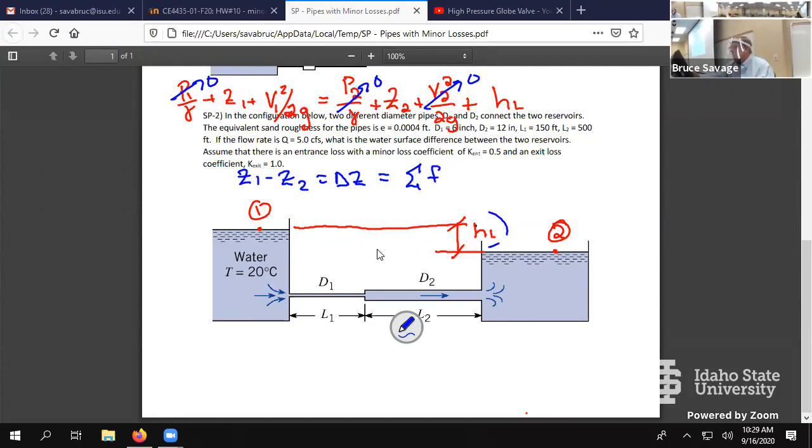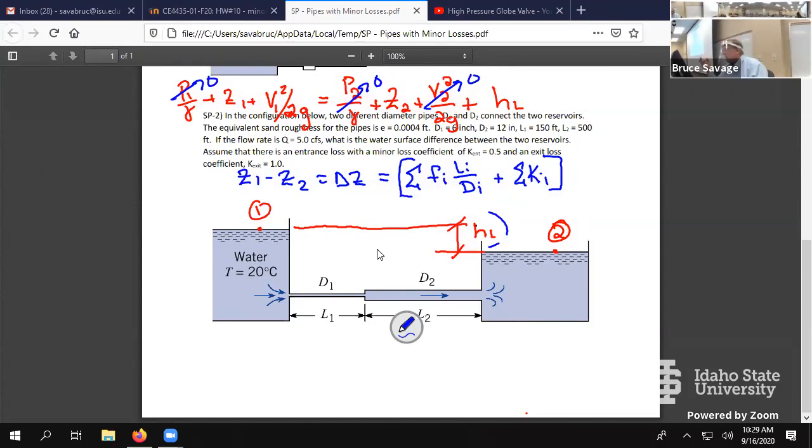It's going to be the sum of F sub I times L sub I divided by D sub I, we'll put in brackets here, plus the sum of those individual Ks, multiplied, oh, I got to be really careful here. The reason I got to be careful is we have different velocities, right?